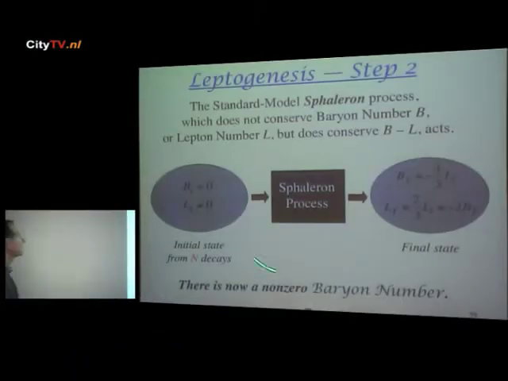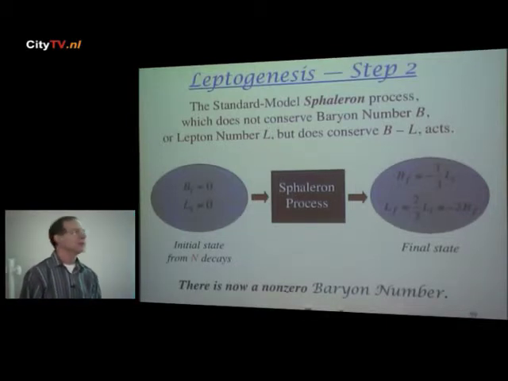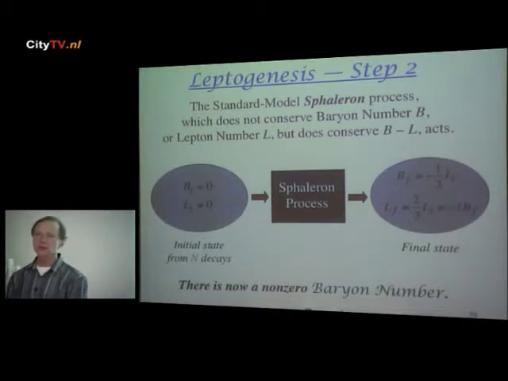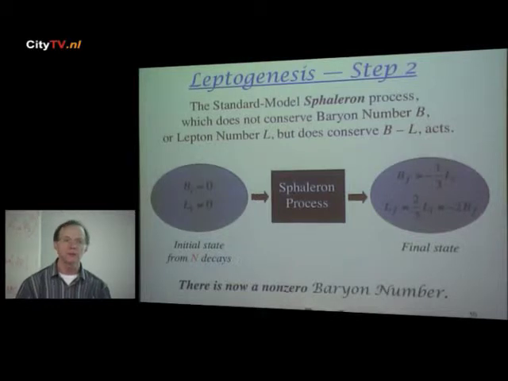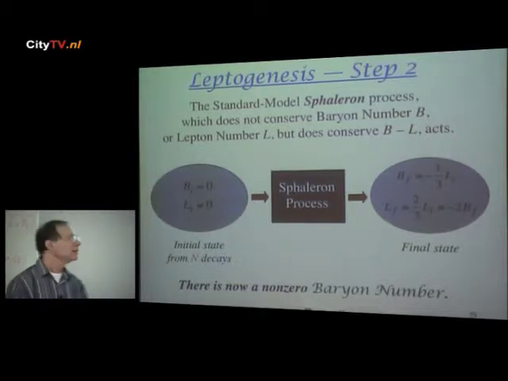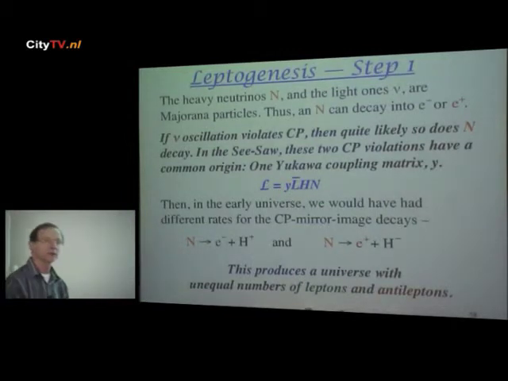So this is a very, very tempting hypothesis. It depends on the seesaw. We don't know that the seesaw is right, but if the seesaw is right, then leptogenesis falls out of it. It's unavoidable at some level, provided that there are CP violating phases in this matrix.